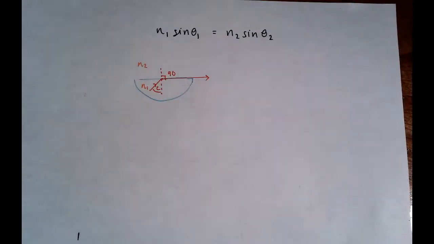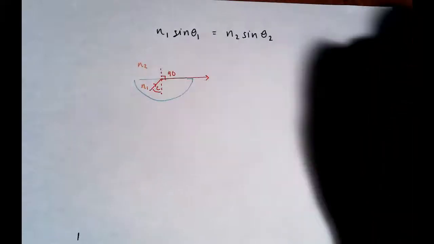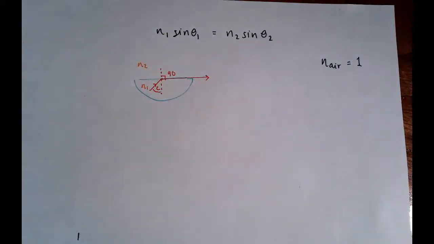Now, it is a fact that the refractive index of air is 1. Okay, so n of air is 1, because we assume the speed of light in air to be the same as a vacuum, so c over v is 1.